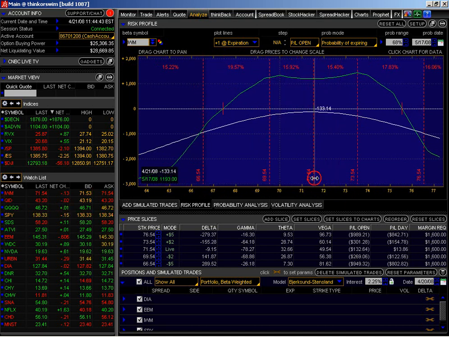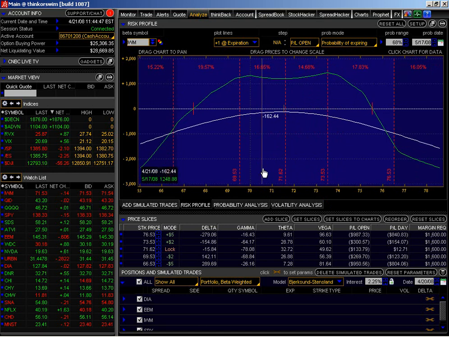We don't normally hold it all the way to expiration. We'll probably be taking profits right around the 50-60% level, which is about $500-600, and even $500-600 on a $1,600 margin is a 30% return on margin, which is just wonderful.